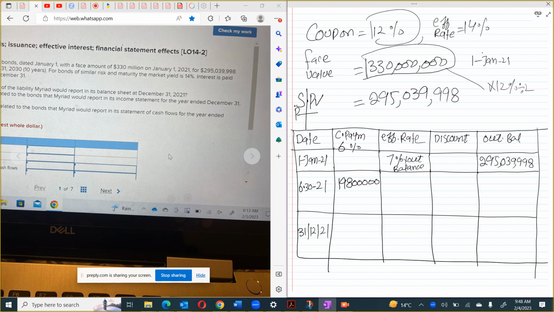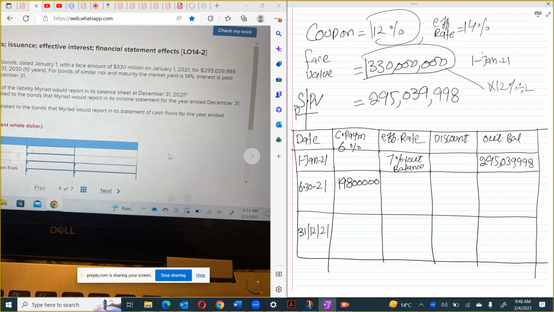So return to the question. What is the requirement? First: what is the amount related to the bonds that Pete will report in its income statement for the year ended 31st December 2021?